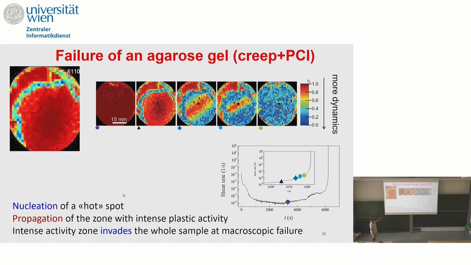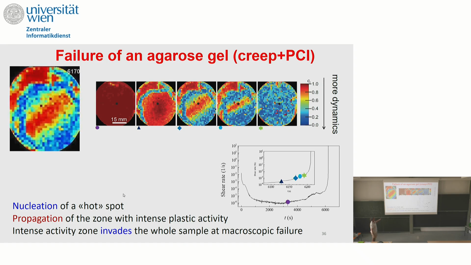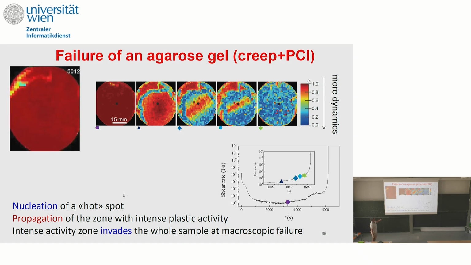So if I calculate this degree of correlation at some point during my rheology experiment, which was a creep experiment for an agarose gel, I get basically a high level of correlation, which means essentially no dynamics. Everything is frozen, except a teeny tiny bit of motion up here. Then as the creep experiment proceeds, this dynamically active region expands, and eventually it invades the full sample.